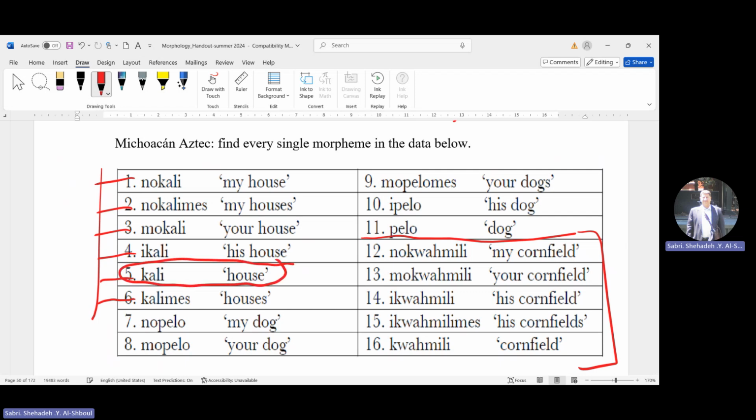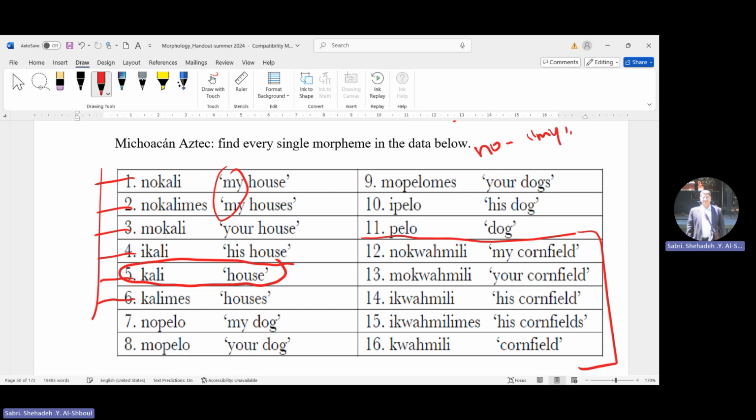Now, to see the change patterns here, we notice that for 'my', as in Nokali and Nokalimis, this is the prefix no, which means my, right?